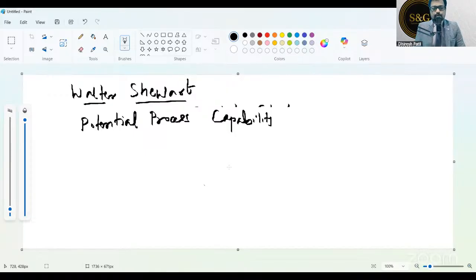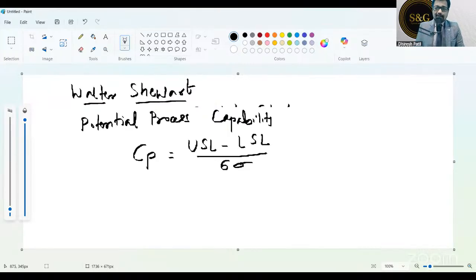What is potential process capability? The formula, which is also called Cp, is USL minus LSL divided by 6 times standard deviation. USL minus LSL divided by 6 times standard deviation.